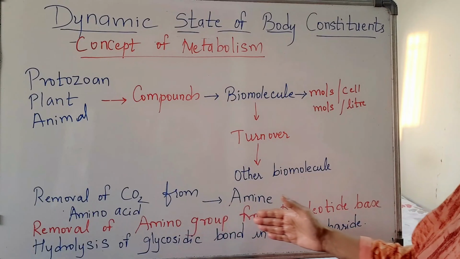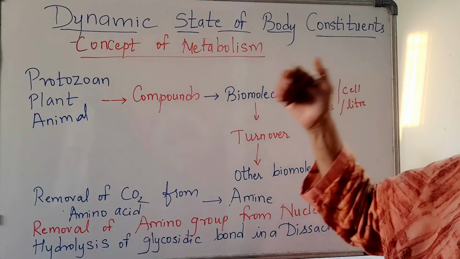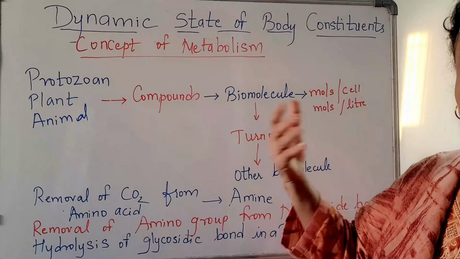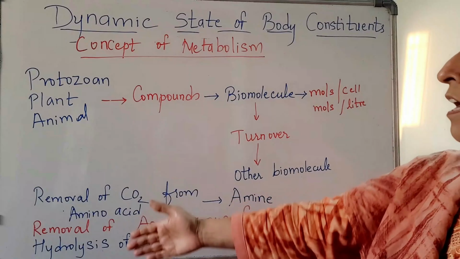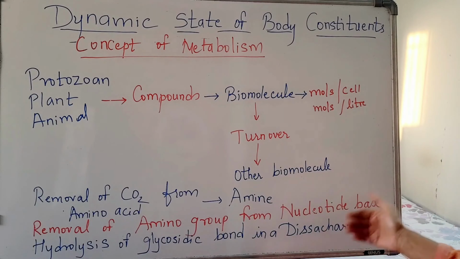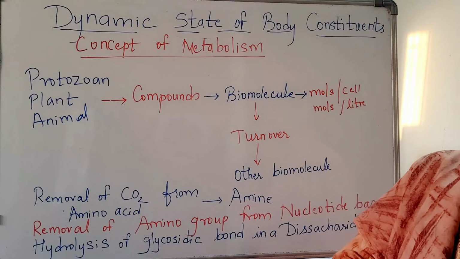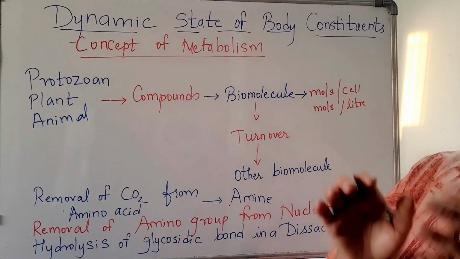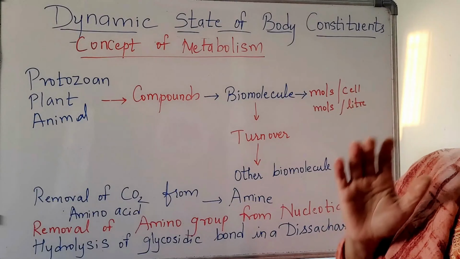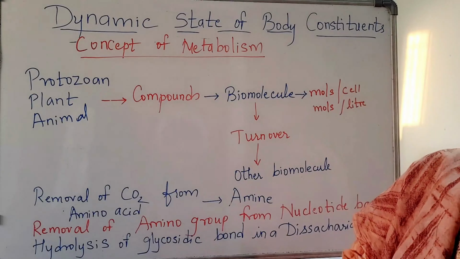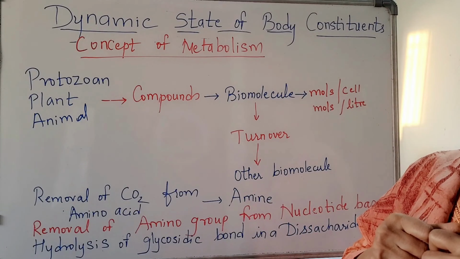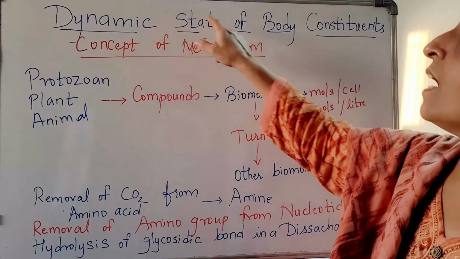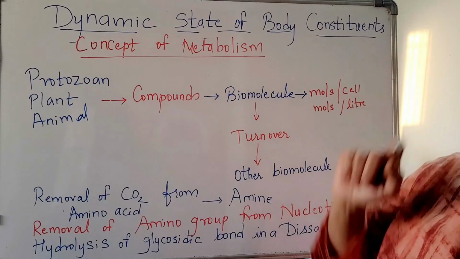Now, a few examples: removal of carbon dioxide from amino acid leads to formation of amine. Removal of amino group from the nucleotide base is a metabolic reaction. Hydrolysis of glycosidic bond in a disaccharide is a metabolic reaction. So metabolism takes place, which leads to the formation of metabolites. That is why it is the dynamic state of the body constituents.